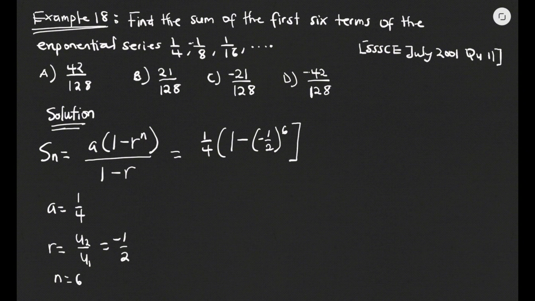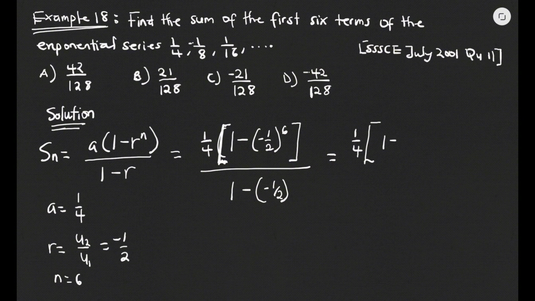So let me do this like this. Okay, divided by 1 minus, into bracket. Remember the ratio is negative, so I'm putting that in bracket, so half. All right, so let's look at this. We have 1/4, and then this 1 minus, if I put into bracket -1/2 raised to the power 6, and I compute that into my calculator, I am going to get 1/64.